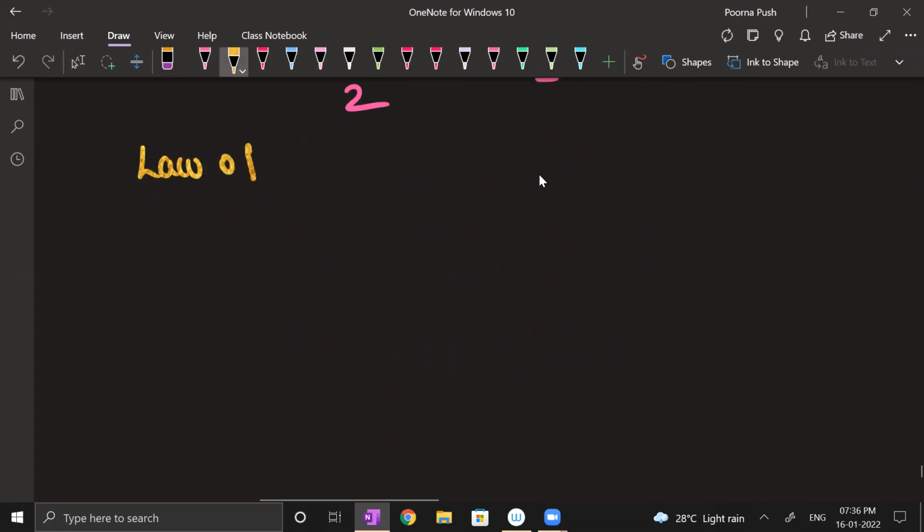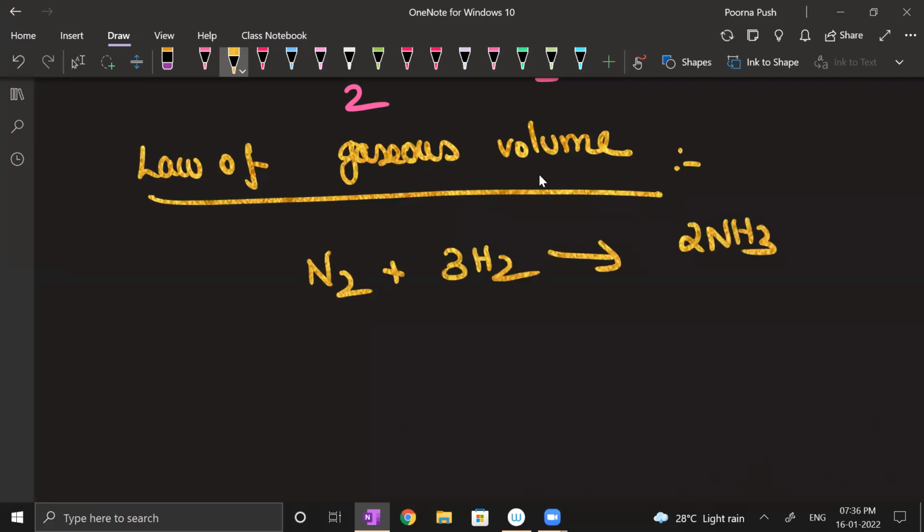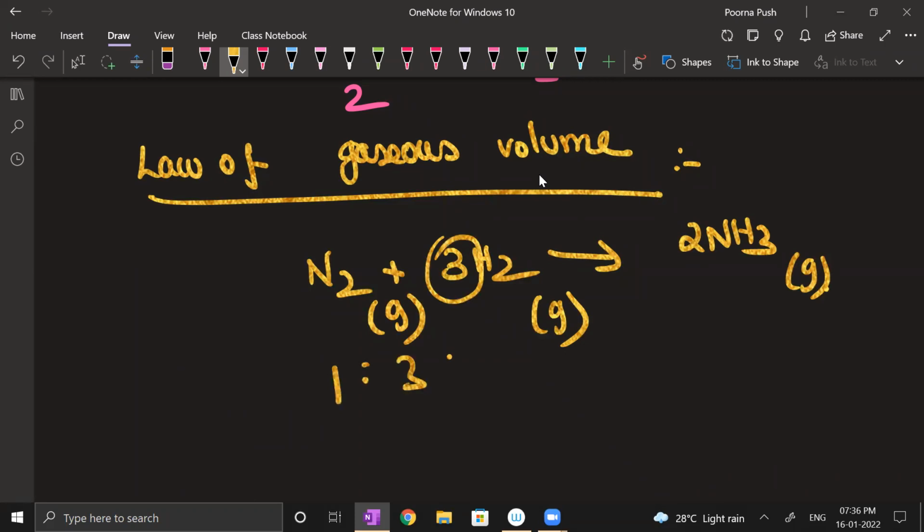What is law of gaseous volume? This is very, very simple. Look, N2 plus 3H2 gives 2NH3. Okay, all are gas. So what is the simple ratio? This is 1, this is 3, this is 2.